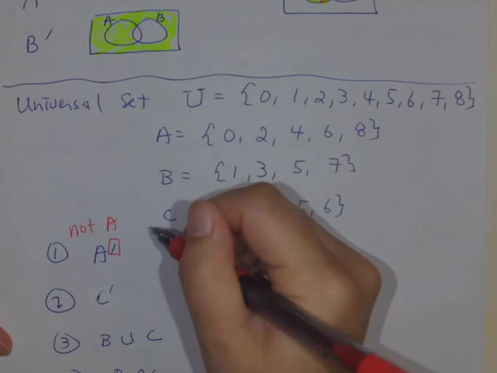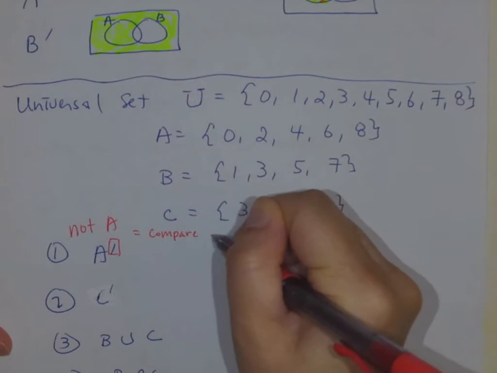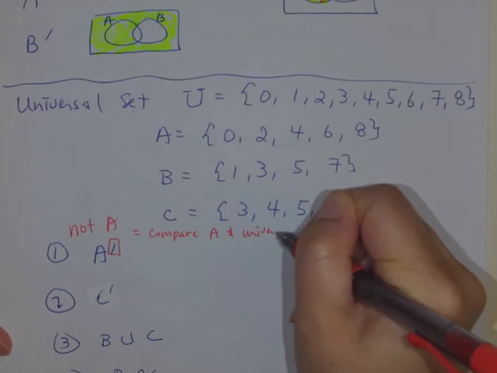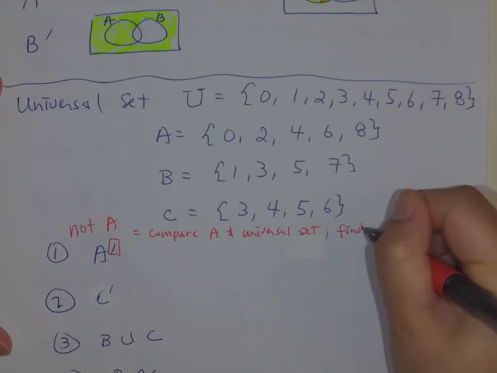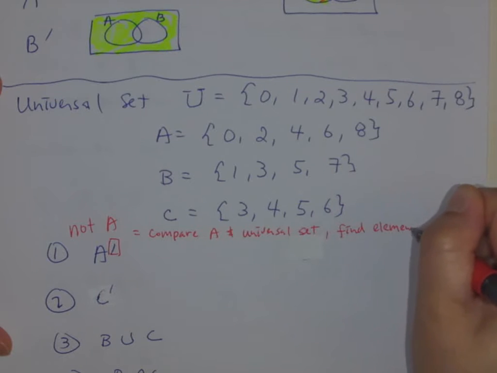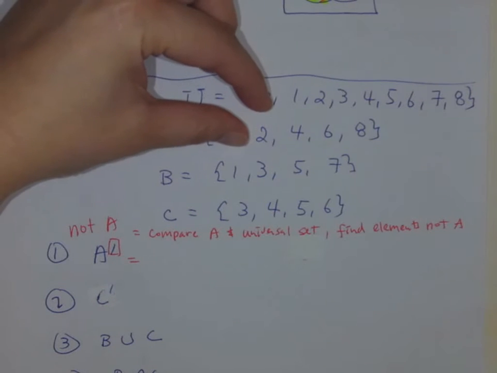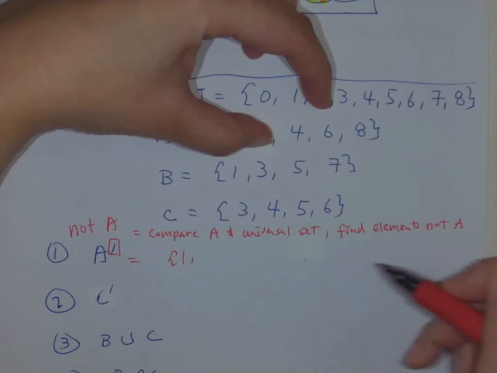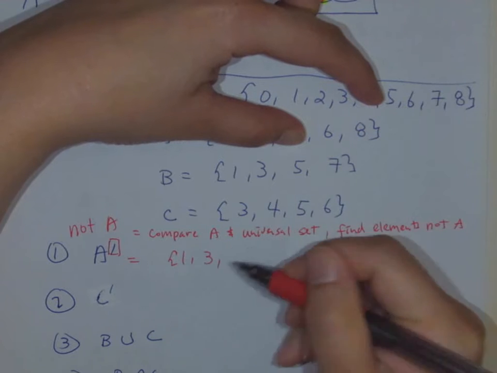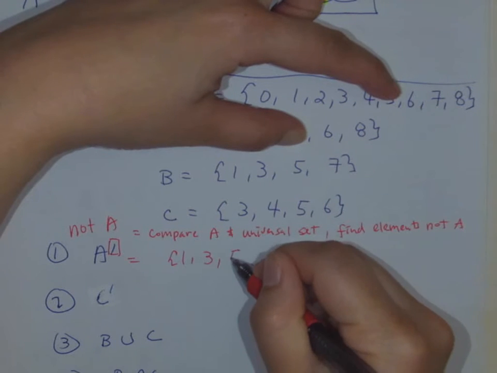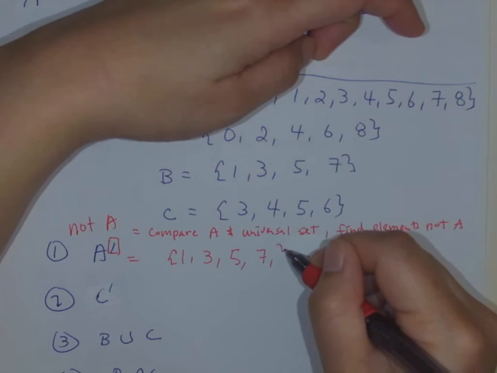So what they're doing is comparing A and the universal set, and then finding what is not A. Okay, so A has 0 and 2, so I need 1, and then 3, and then they have 4, so 3 is not in A, and then they don't have 5 here, but it has 6, it doesn't have 7, and then they have 8.